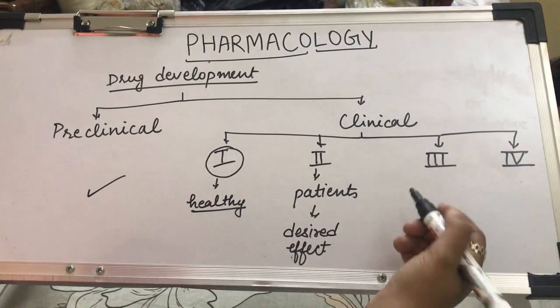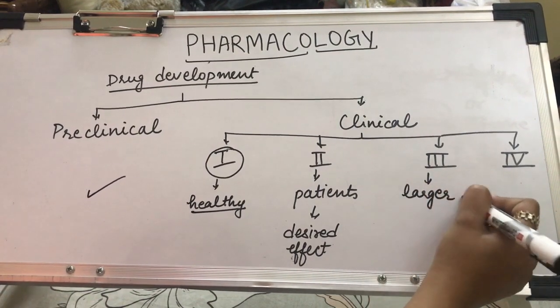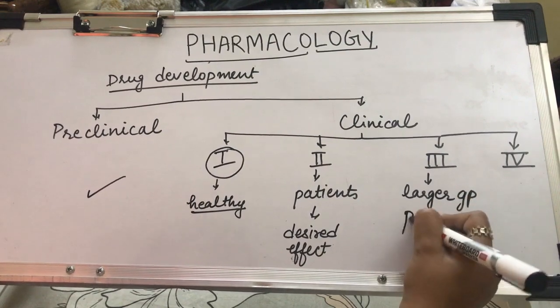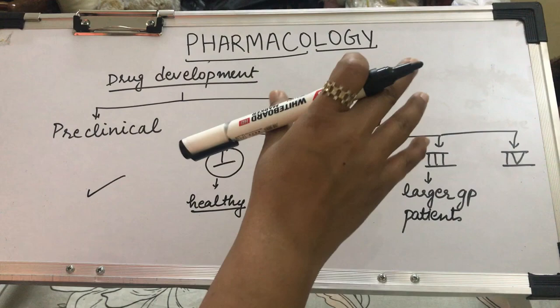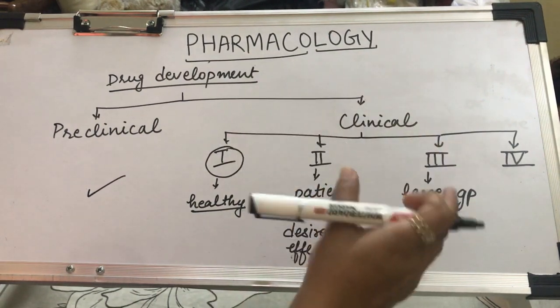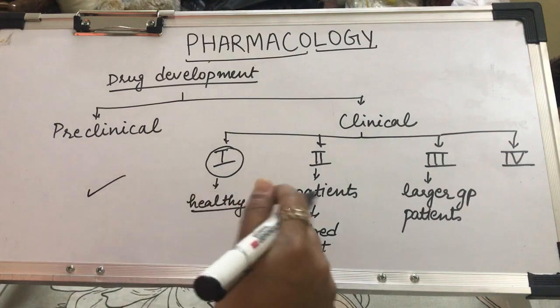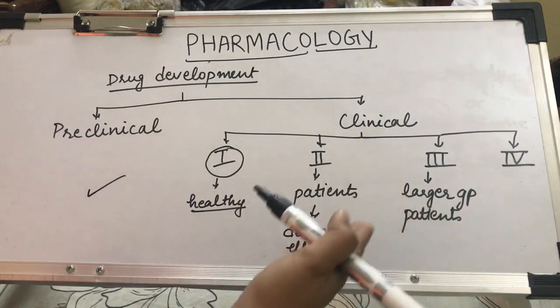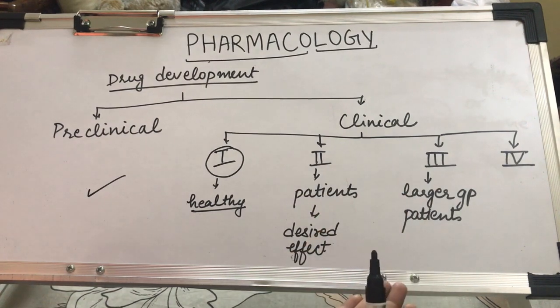In the third phase, we take a larger group of patients and we compare this new drug with the standard drug which is given for that particular disease. We compare this new drug with the standard drug in terms of therapeutic outcome.